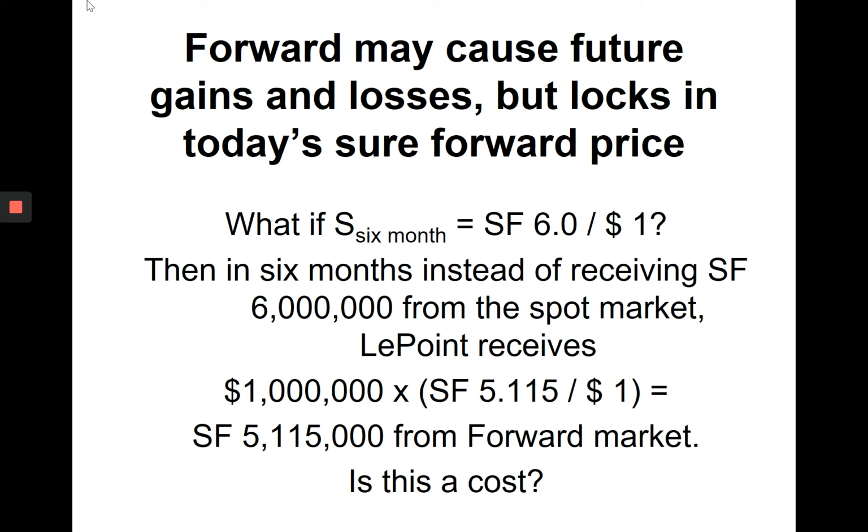What if 6 months from now the Swiss franc is 6 per dollar? Then in 6 months, instead of receiving 6 million Swiss francs from the spot market, LePointe receives $1 million times 5.115 Swiss francs per dollar, or 5,115,000 Swiss francs. And then the question is, is this a cost?